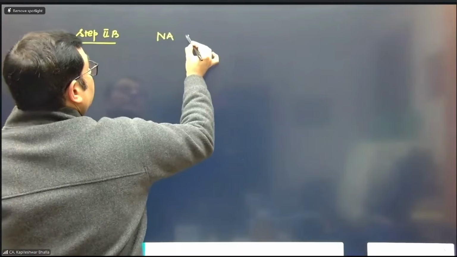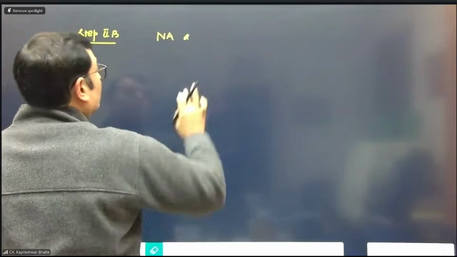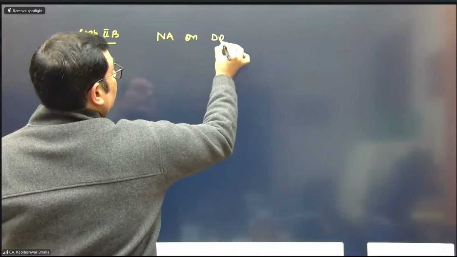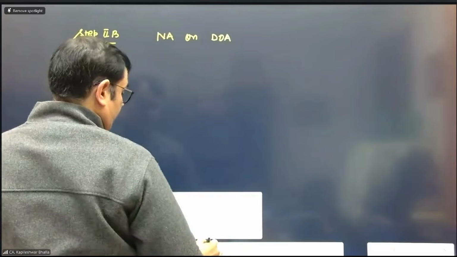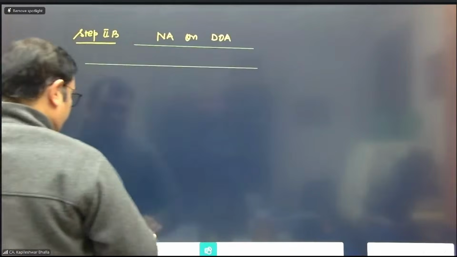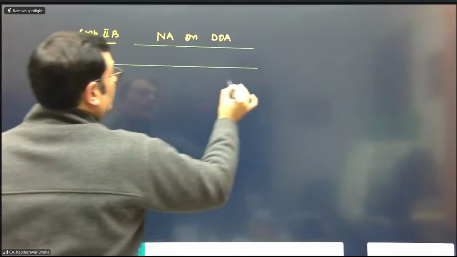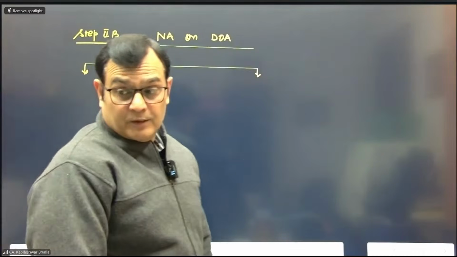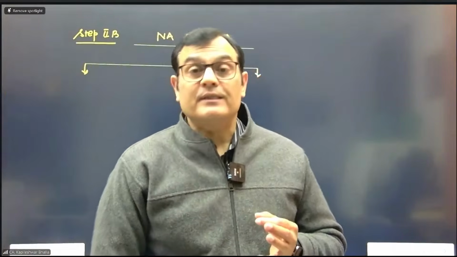When you're going to take the net assets on date of acquisition, what is the focus point? So what are you going to do when you calculate step number 2B, and what's going to be the focus points?